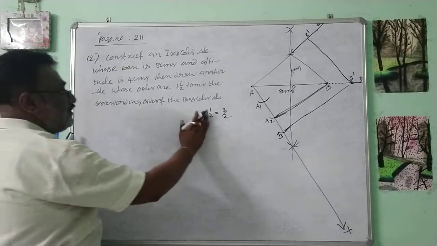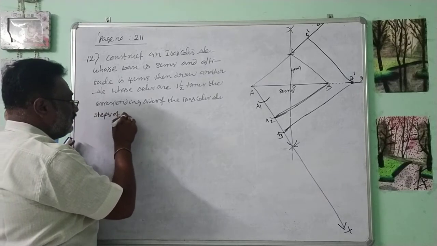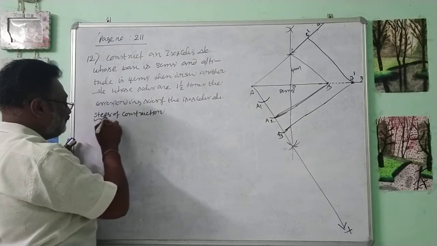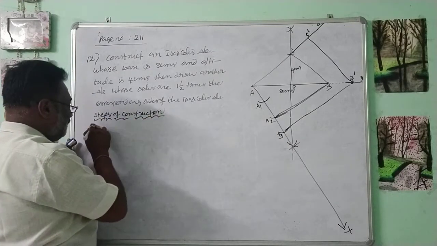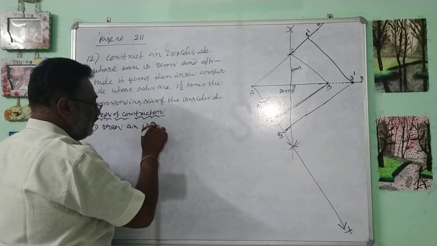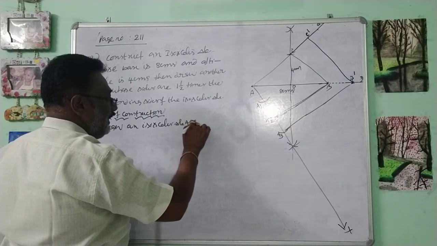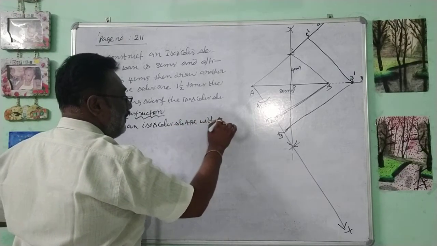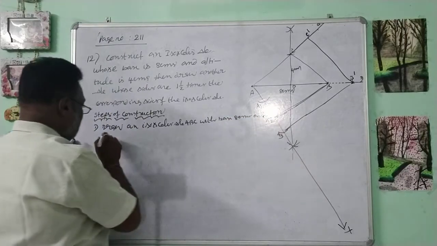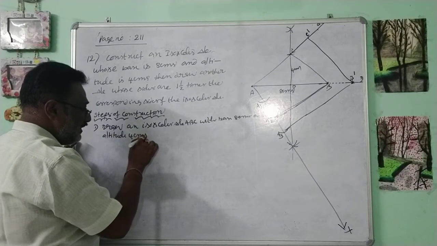Now I am writing the steps of construction. Steps of construction. First step, draw an isosceles triangle ABC with base 8 centimeters and altitude 4 centimeters.